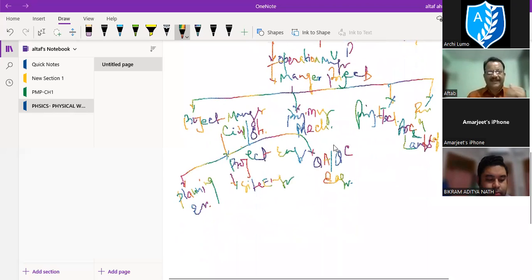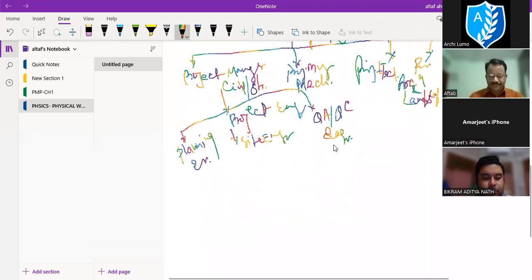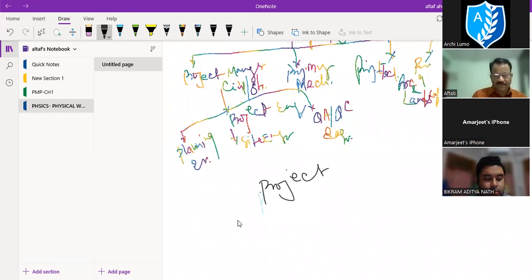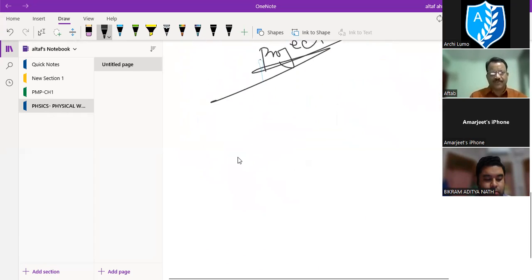So now the next item is project. The next item is the project itself. We already defined project, so there is no need to go further into the project definition.